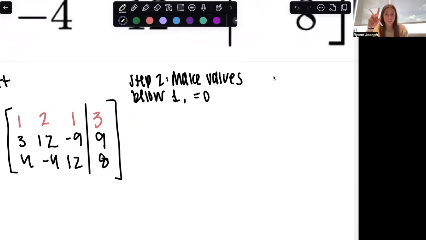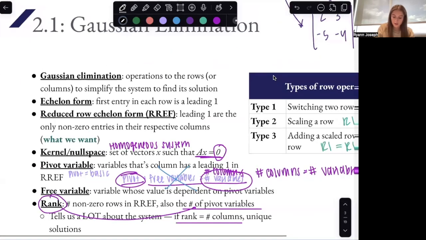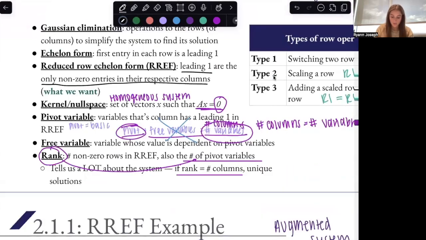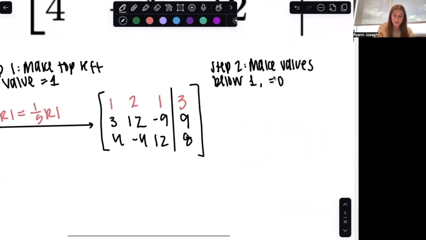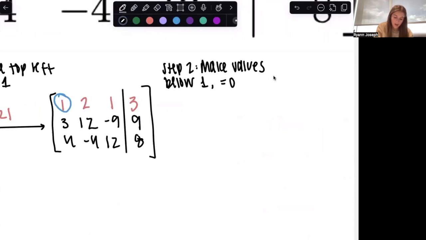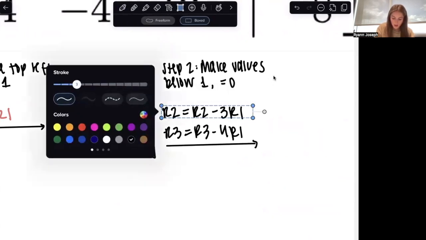If you recall, the rule for reduced echelon form is that the leading 1s are the only nonzero entries in their respective columns. So I'm looking at my column 1, and I want to make everything below this 1 into a 0. To do that, I can say row 2 is equal to row 2 minus 3 row 1. Row 3 is equal to row 3 minus 4 row 1.